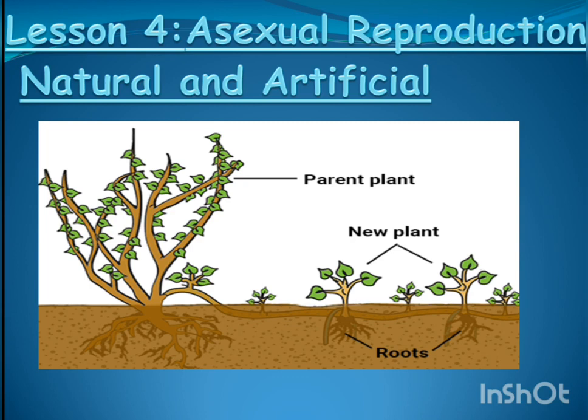He buries part of the stem into the soil, and when it grows in the soil, at regular intervals it starts growing roots, and the shoot also comes out. It is the same as vegetative propagation in stem, the runners, but here the human is involved, so that's why it is an artificial method. The name itself, artificial, is telling us about it, isn't it?